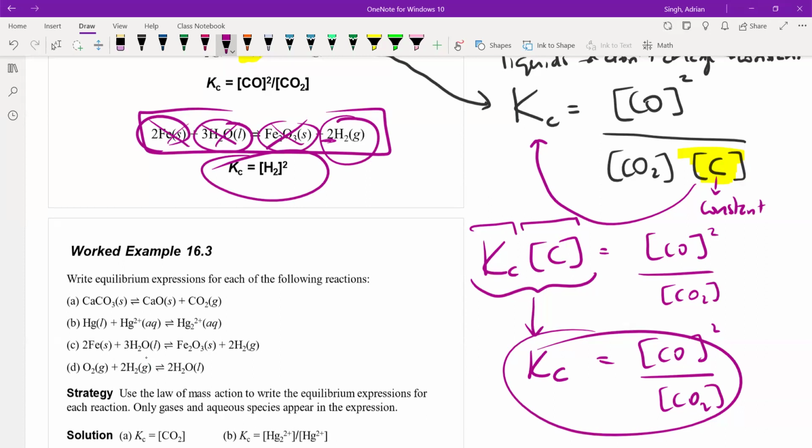So you want to pay close attention to the physical states. The things in parentheses, solid, liquid, gas, or aq, are going to be very important when you write your Kc expressions. And as a result, when you evaluate the value for Kc, they will come into play as well.